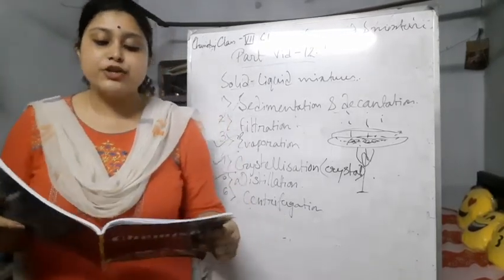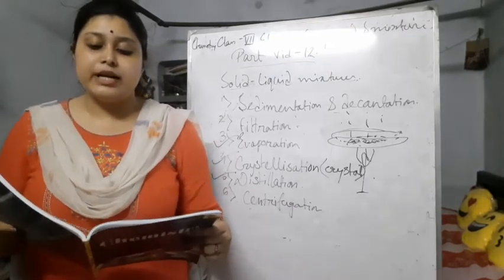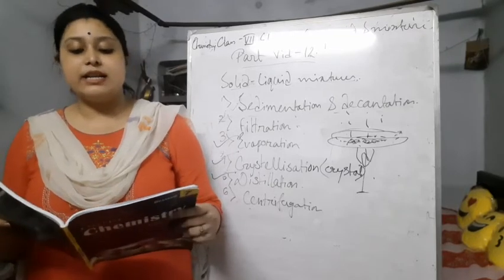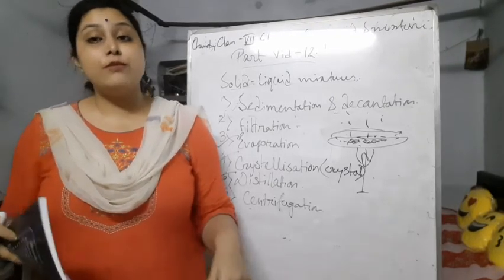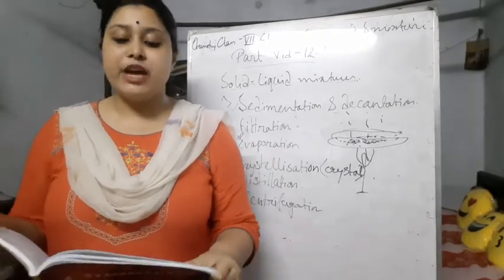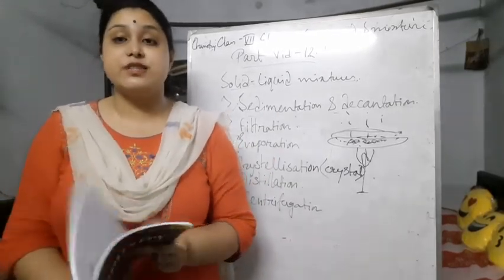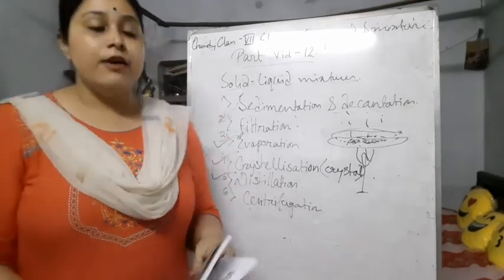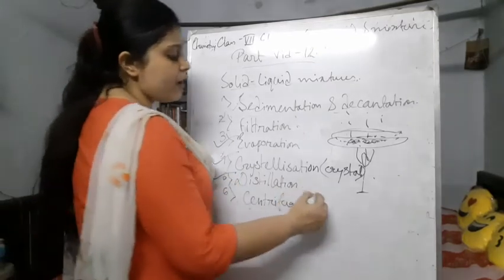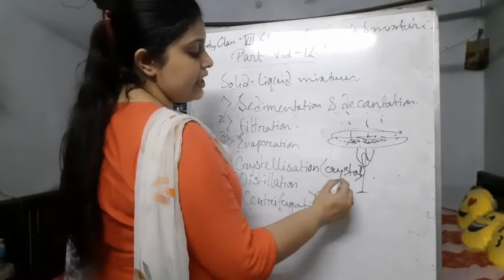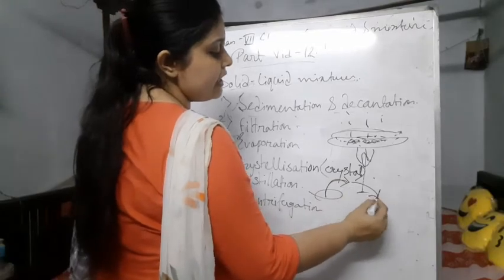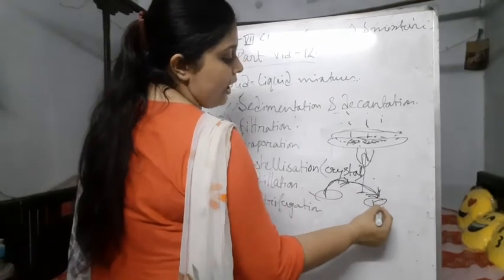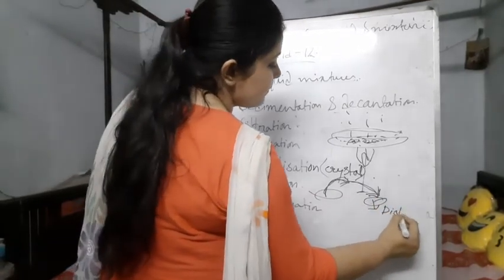When the solution is heated, the liquid component of the mixture evaporates as vapor, and these vapors are then condensed back to form the liquid again, so a very pure form of the liquid is formed, which is called the distillate. First the liquid is evaporated out, and then it is condensed, and it forms the liquid again, called the distillate.